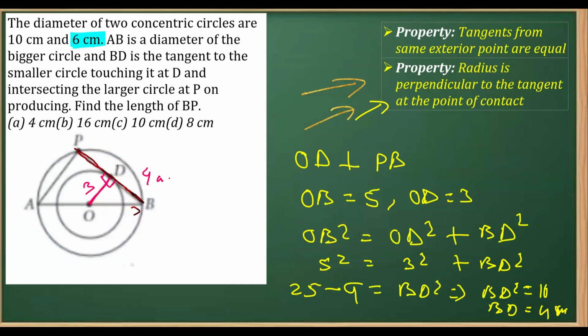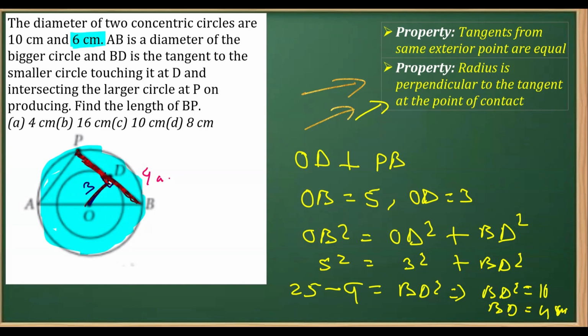Now check here. This time I'm talking about the larger, bigger circle. Now look into this circle. For this circle, what is PD? PD is a chord. Ignore the inner circle for a while and just look into the larger circle.